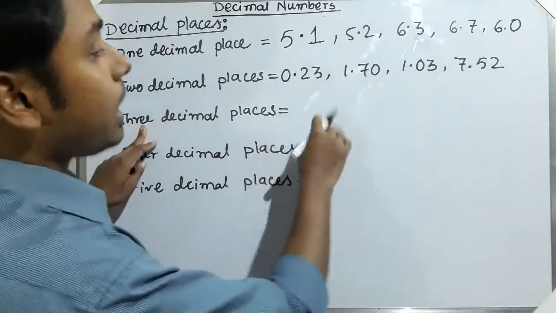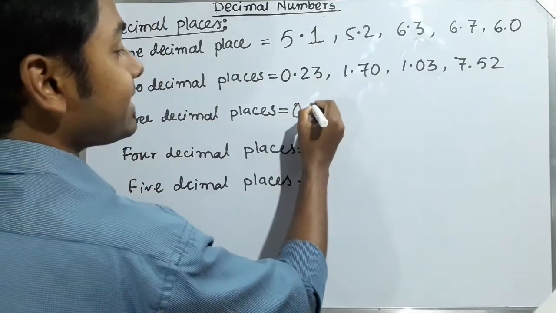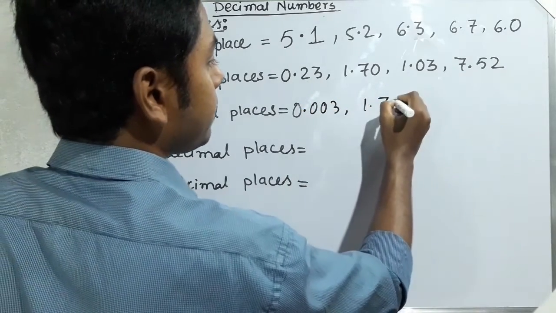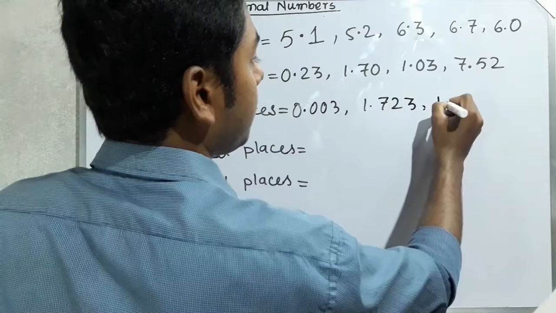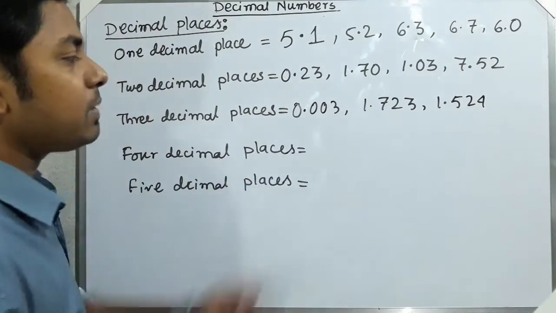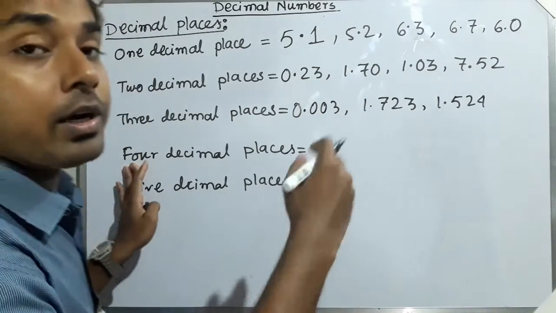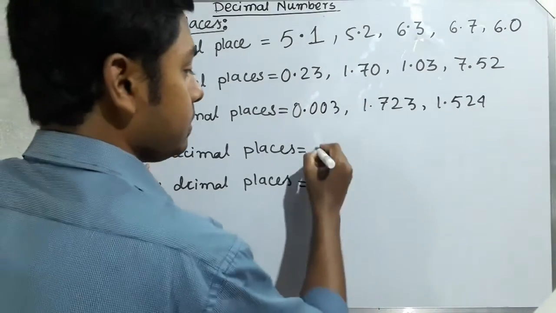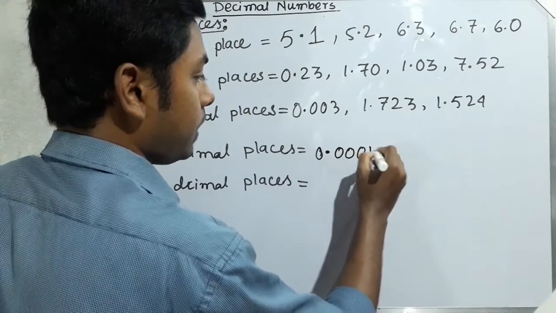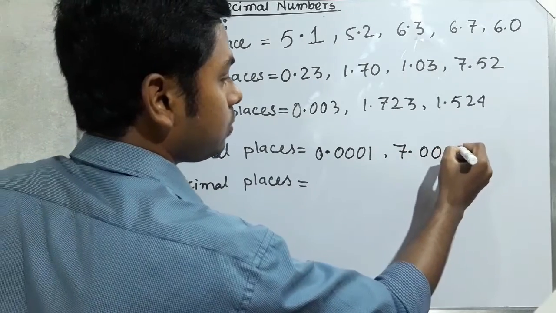Three decimal places, after the point three places, that means three digits. 0.003, 1.723, 1.524, anything. That means after the point there should be three digits. Four decimal places, after the point four digits: 0.0001, 7.0007.